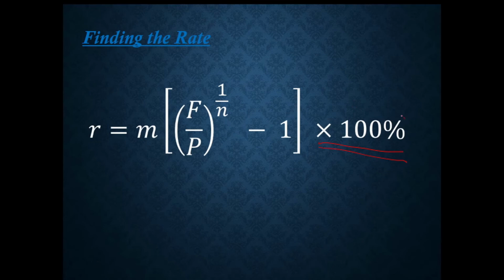You could also disregard multiplying it by 100% if the decimal form of the given rate will be accepted as the final answer. But if it's in percent, then you need to multiply that by 100%. We already know how to find the given values like the m, the n, the p, and the f, which is the future value, present value, or principal. N would be the total number of conversion periods, and we're finding the rate.